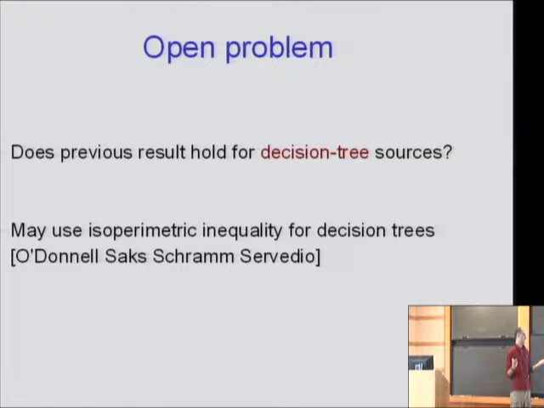For decision trees, this notion disappears and gets more complicated. But I think it's not impossible to prove the same thing for decision trees, or prove that it's impossible. That is, if you can show me one decision tree source which is not a convex combination of high entropy bit block sources or even affine sources.